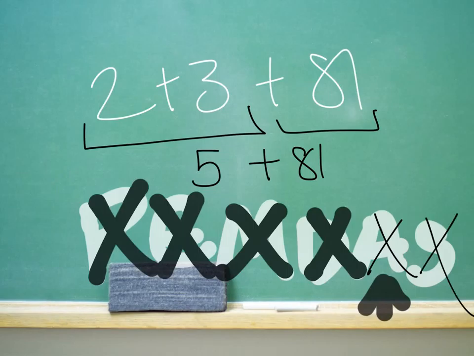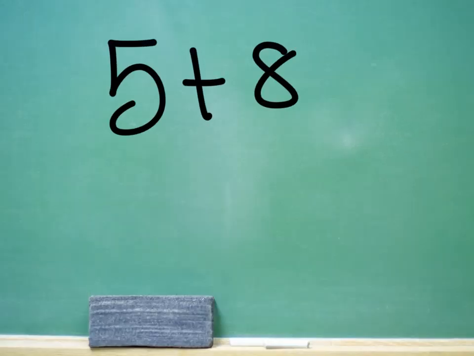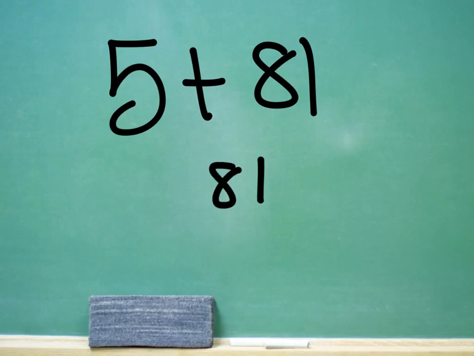So now we're going to take 5 plus 81. We can do 5 plus 81 in different ways. We could do it like that, or we could also do 81 plus 5.